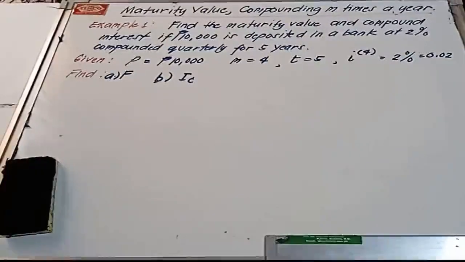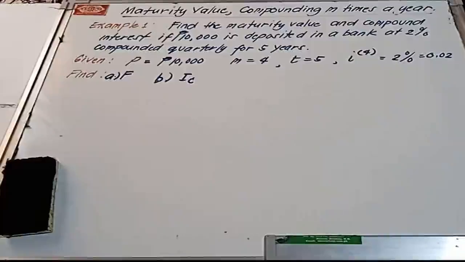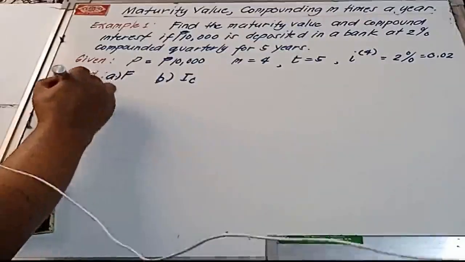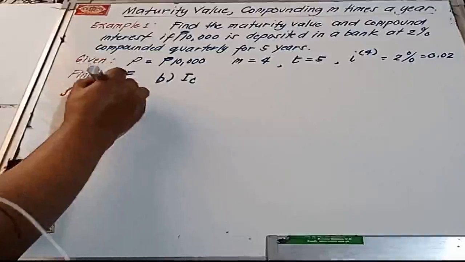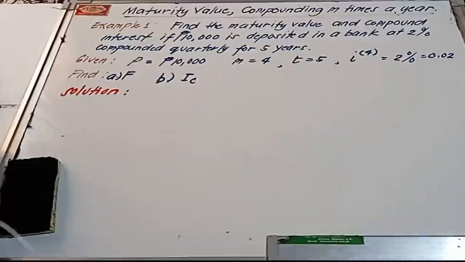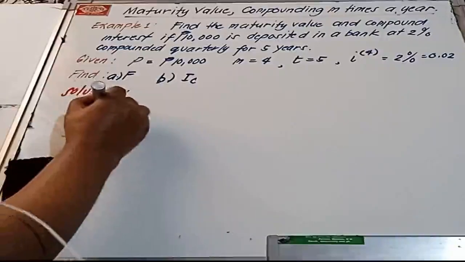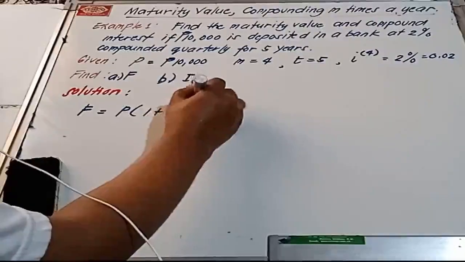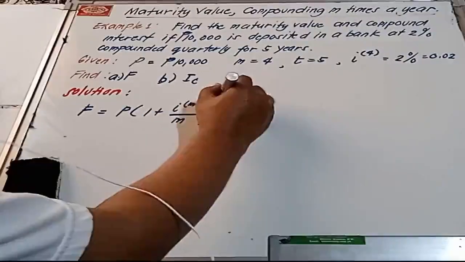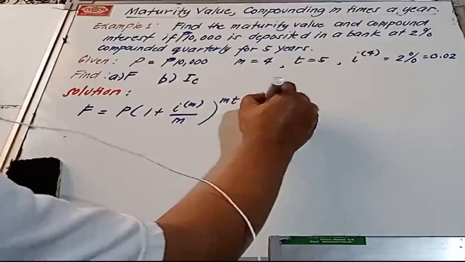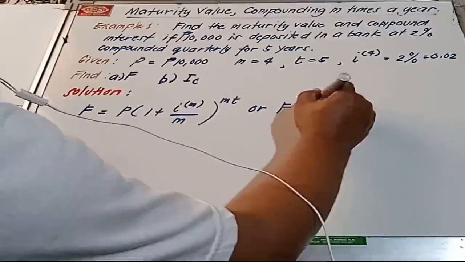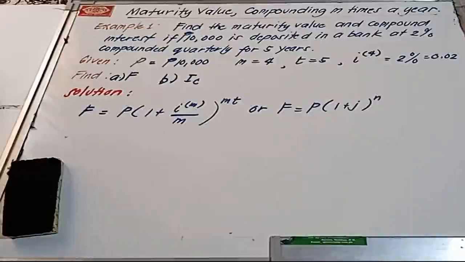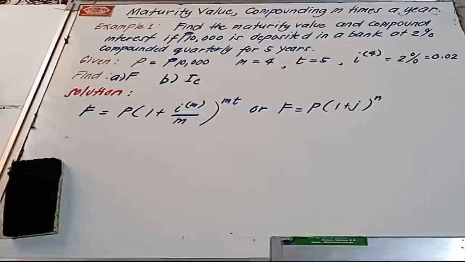Okay. Now, to solve for the future value of money or the maturity value, we may use the formula. So here is our solution. We may use the formula F equals P quantity 1 plus i raised to m over m raised to mt. Okay? Or we may apply the formula F equals P quantity 1 plus j raised to n, where j is the interest rate per conversion period.